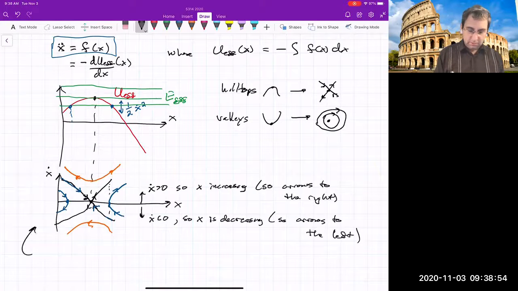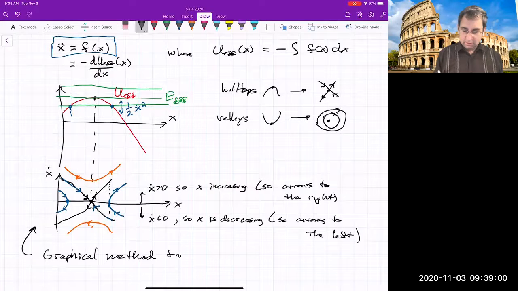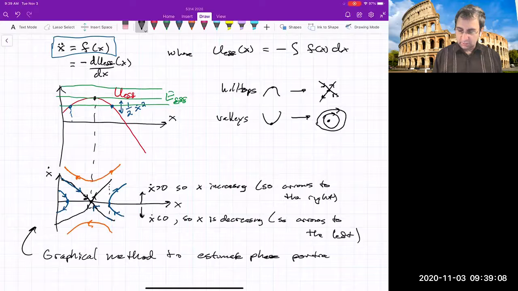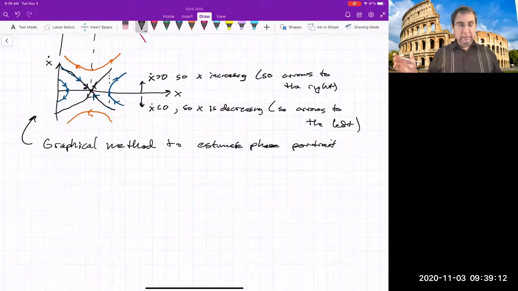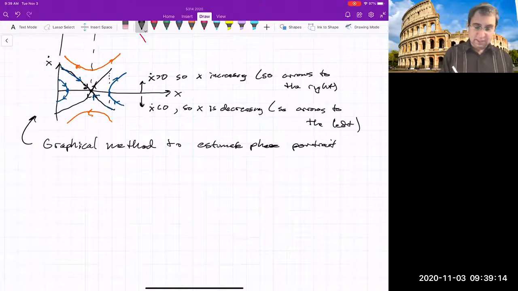So this would be what we might call the graphical method to estimate the phase portrait. And you could do this for any potential energy.